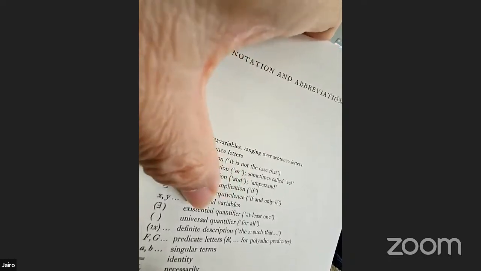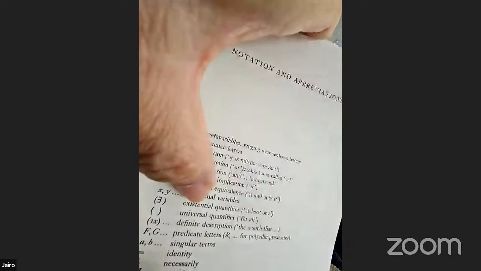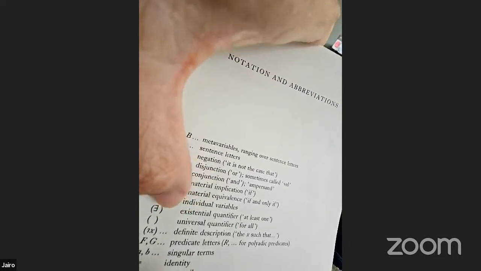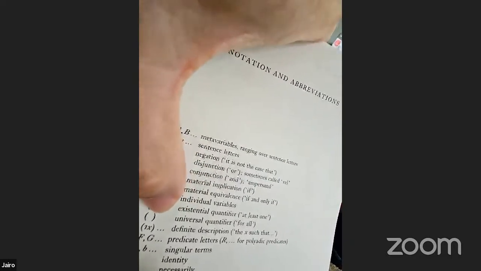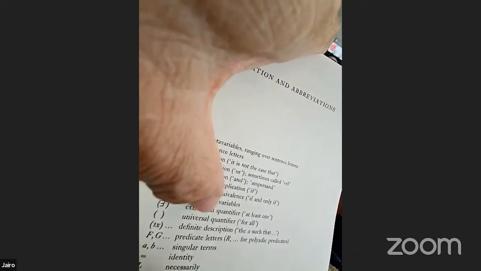Existential quantifier, at least one. Okay. And then the parentheses, empty. That means universal quantifier. For all this, that is so.